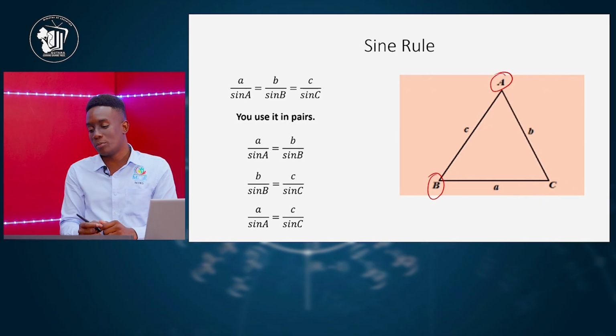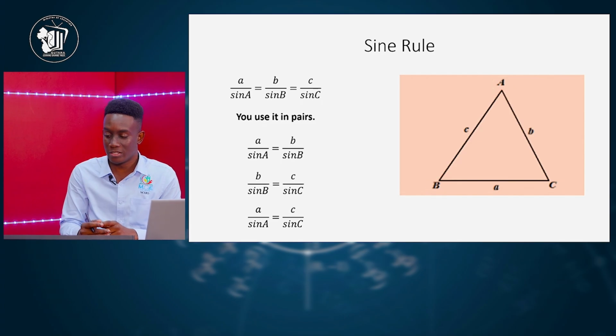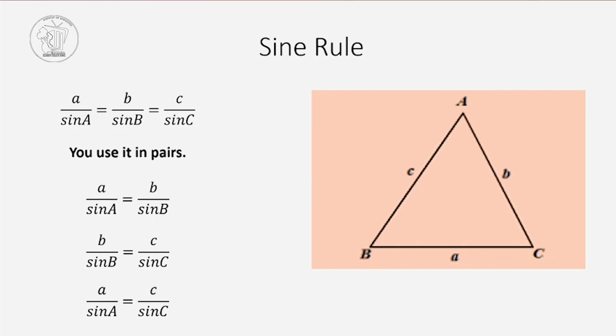So how do we determine which letter is which? First of all, let's say you're given a triangle ABC. The side opposite angle A would be small a. The side opposite angle B would be small b. And the side opposite angle C would be small c. Just to cement this fact, let's say we're given another triangle, and let's say X, Y, Z. The side opposite Z would be small z.